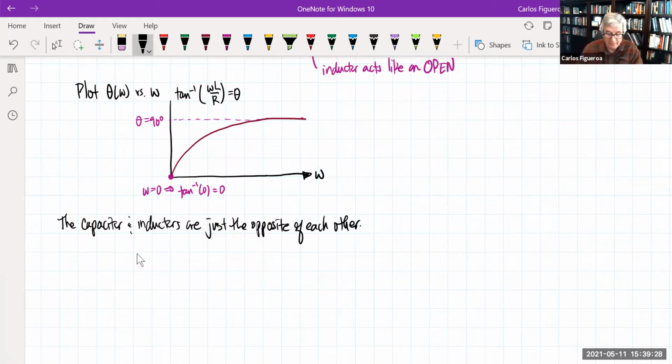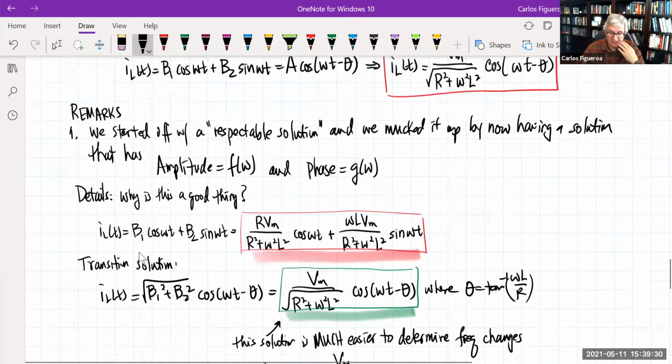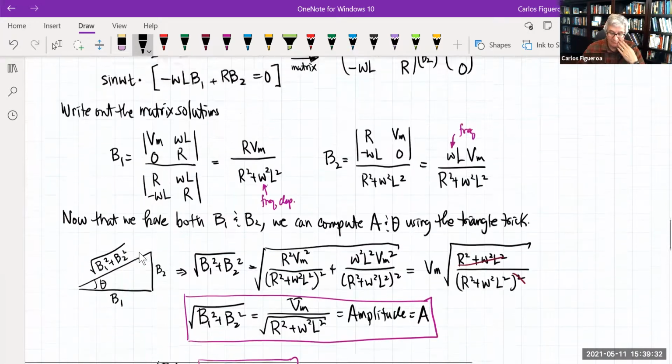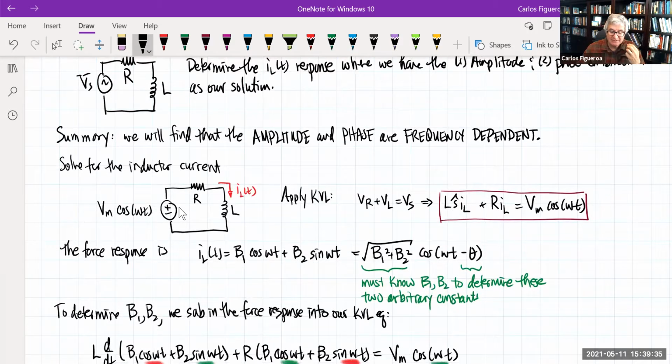So look what I did here. If I look at this circuit here, we started with the series circuit and we used KVL. So if I want to make the inductor appear very similar to a capacitor, instead of being in series, we want to make them in parallel, since series and parallel are the opposite of each other.